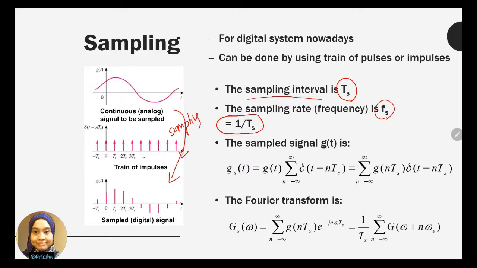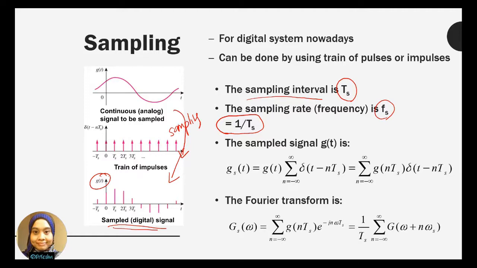So the sampled signal g(t), sampled by a train of impulses, will result in the digital signal from the analog signal.